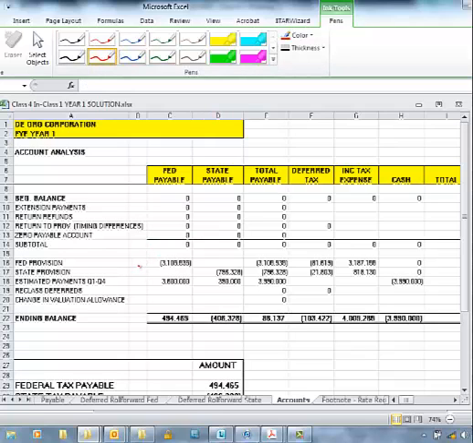So, the way this schedule is shown, and you can do this in a lot of ways, this is shown as federal, separate from state. This would be step 1 on the federal, that would be step 2, and this would be step 3.